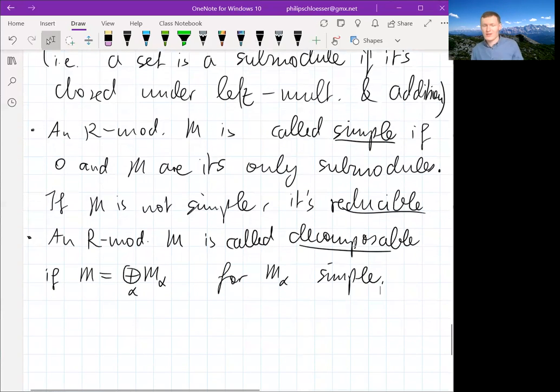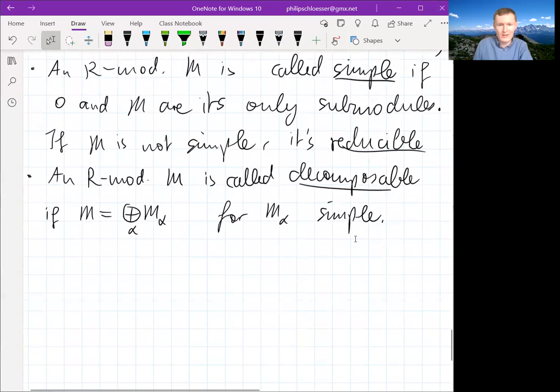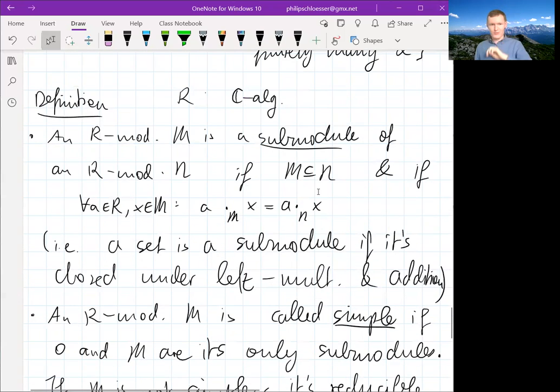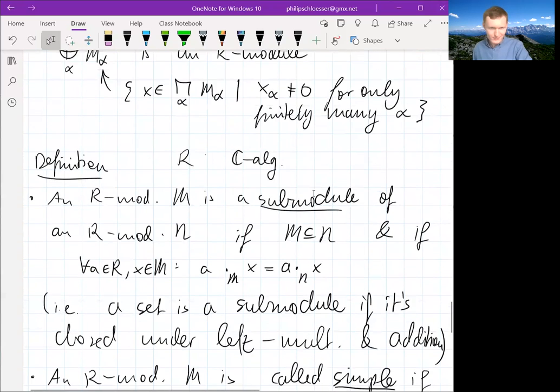Or in other words, a representation is decomposable if you can write it as the direct sum of irreducibles, which, in most practical cases, is the case. And I guess one remark I could make is the fact that left ideals are just submodules of the R module R.